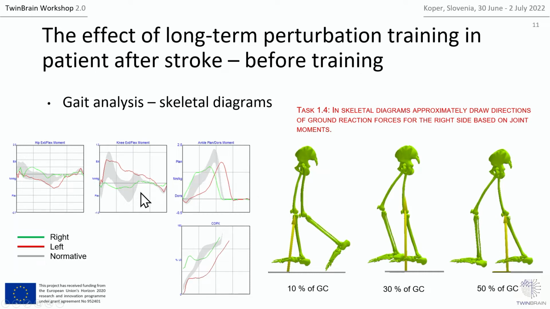Again, in the knee joint, there is a very small flexor moment, meaning that the ground reaction force has to pass the knee joint on the anterior side, and a very small moment in the hip joint, meaning that it has to pass very close to the hip axis of rotation.